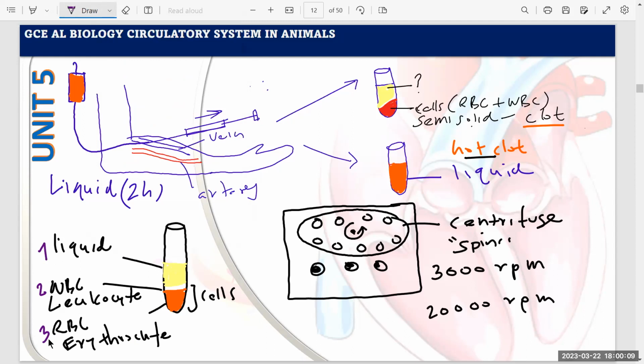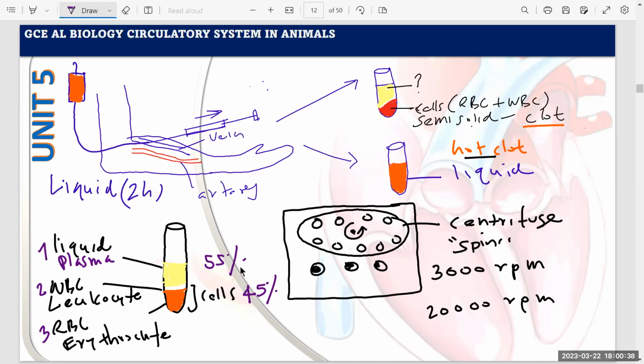Liquid, one is called plasma. The liquid part is called plasma. And white blood cells, they are not much. If you look, there's a tiny layer in the middle, and red blood cells. Generally, cells are 45%, plasma is 55%.